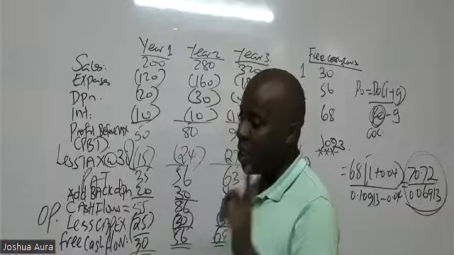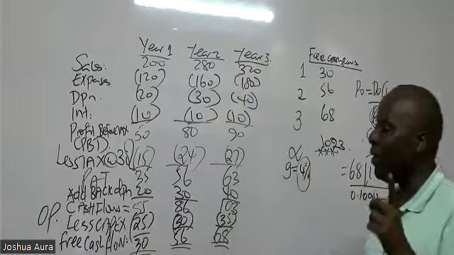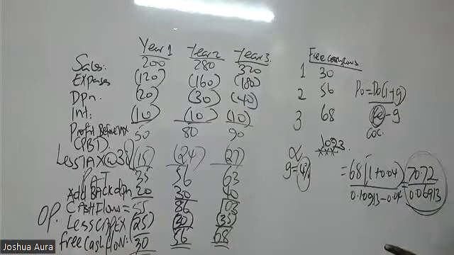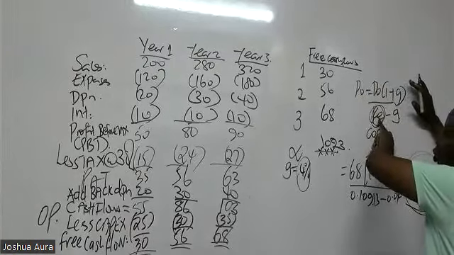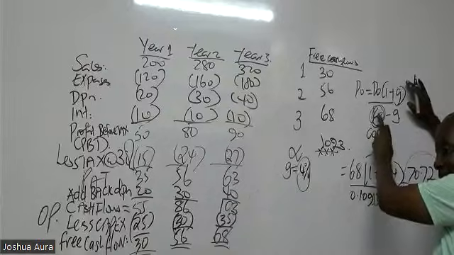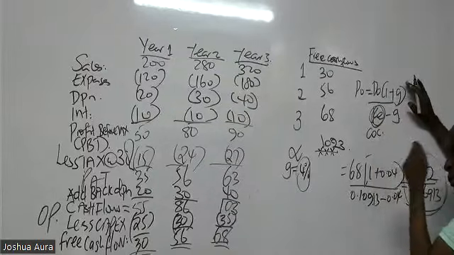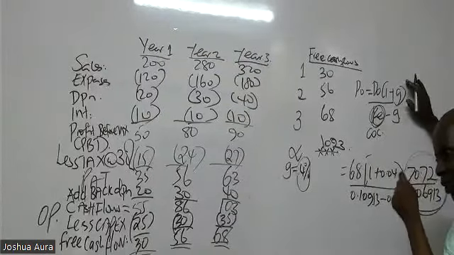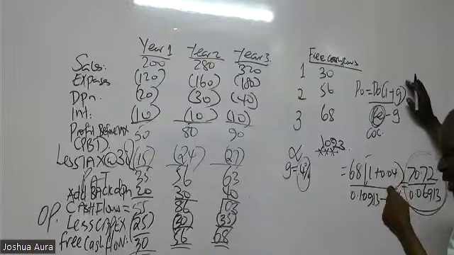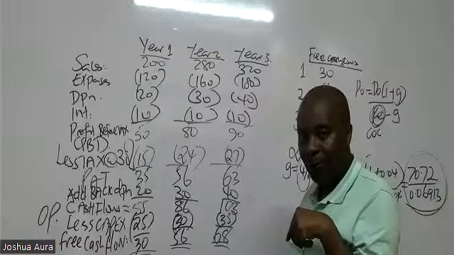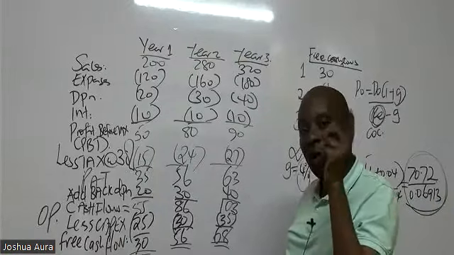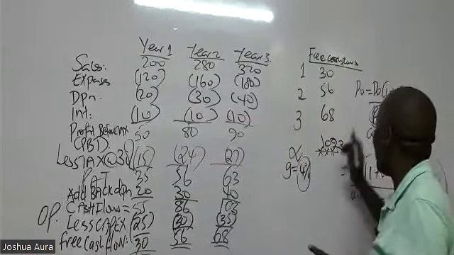Now, please, I would want you to listen to me very carefully. When it comes to valuation of shares, we strictly use KE here. But valuation of organizations, I would want to repeat this. Our organization has both debt and equity.